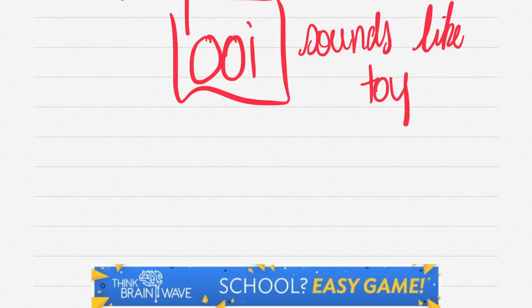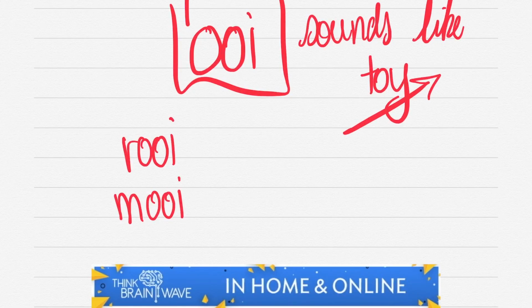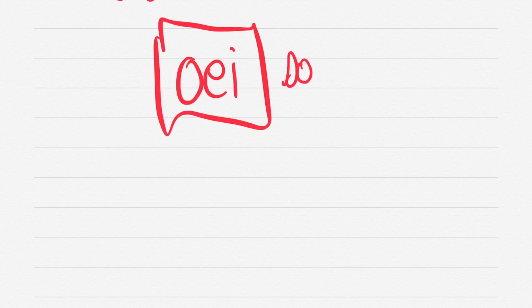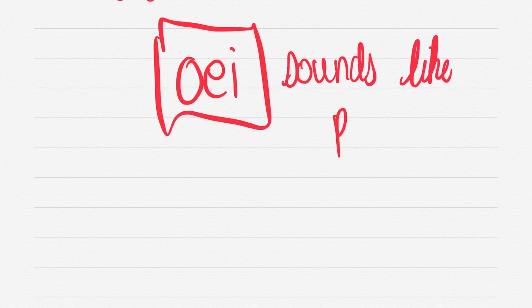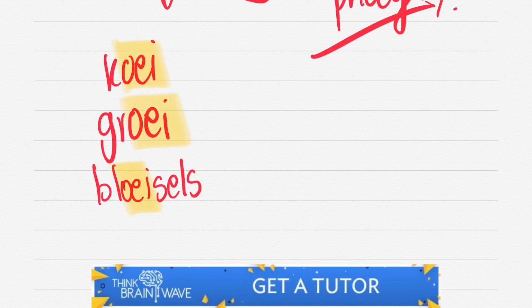OOI sounds like toy. You see? Rooi, mooi, gooi, toernooi. There we go. OEI, oei. Foei. You can start seeing that these letters start making that sound. Koei, groei, bloei, bloeisels. So that oei is an oi sort of sound.